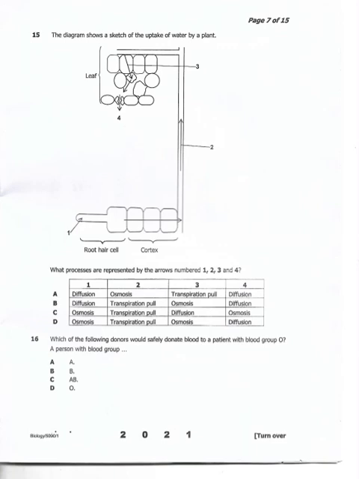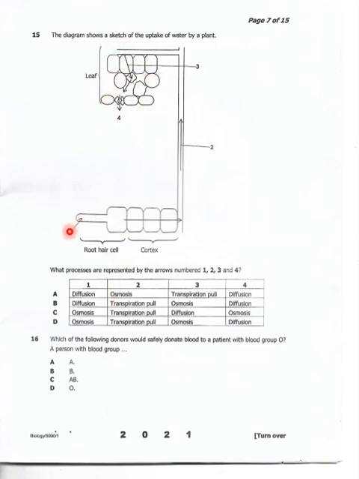So here they want us to identify the processes being taken here. By which process is the water being taken here at 1, at 2, at 3, and at 4?